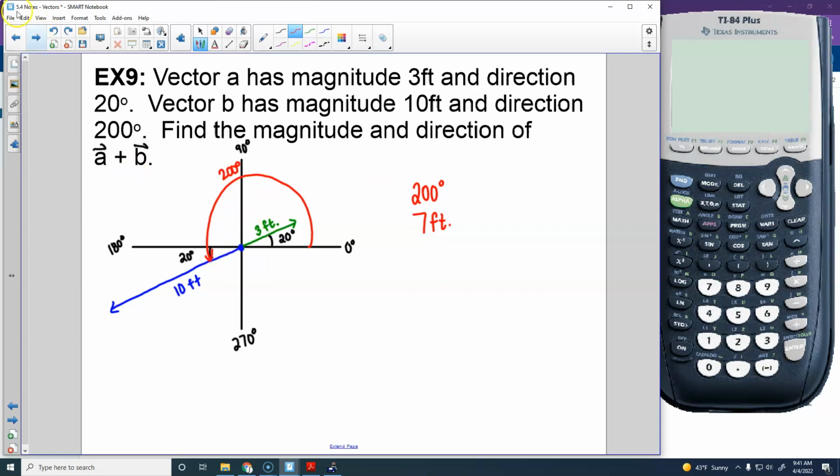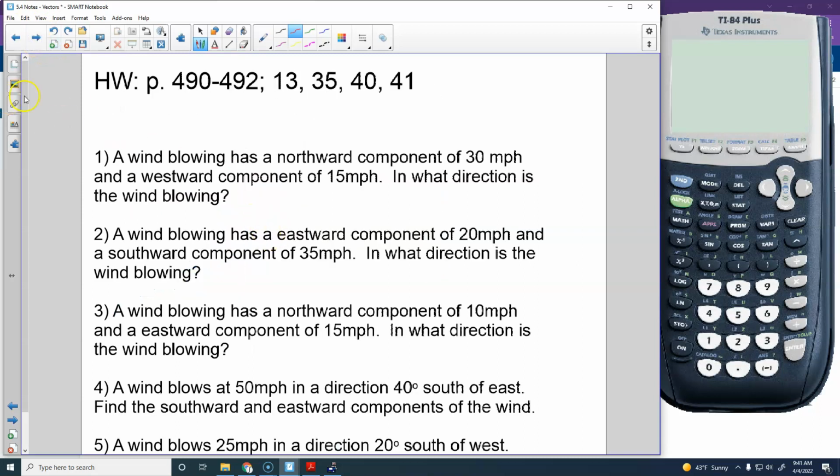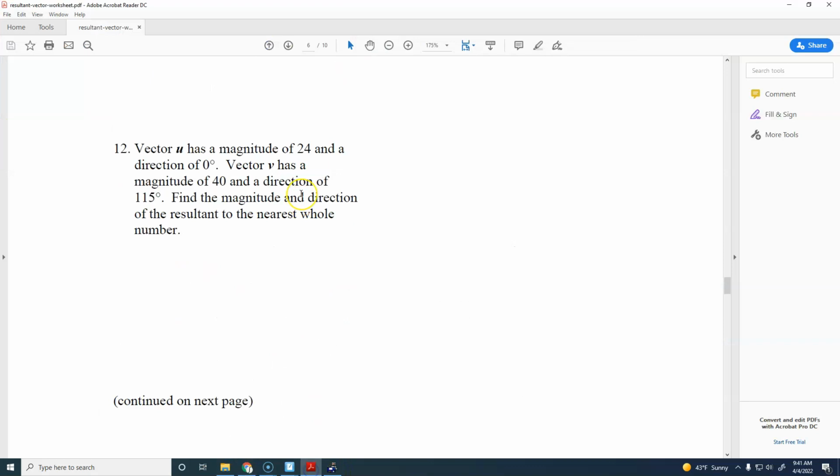But this is a tug of war situation. All right, so this is not what we are going to do because I have a different worksheet. I've changed what we're going to do here. So let me give you the worksheet and I'll tell you which ones we're going to do.